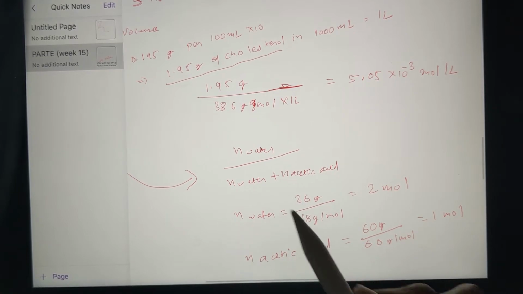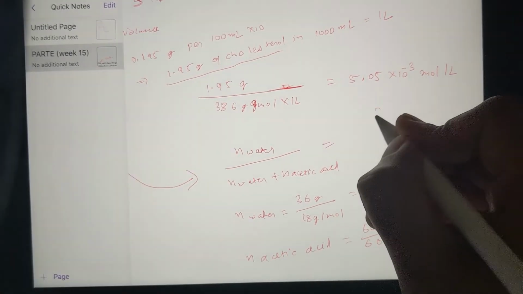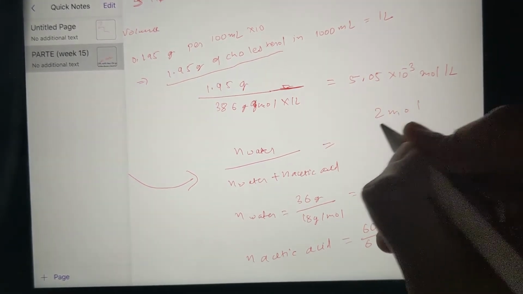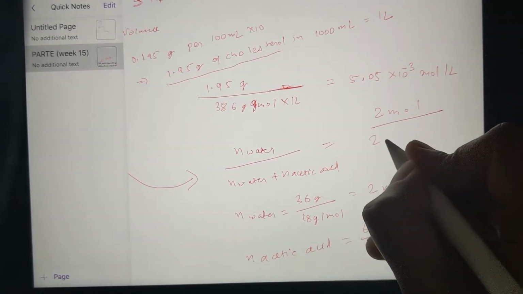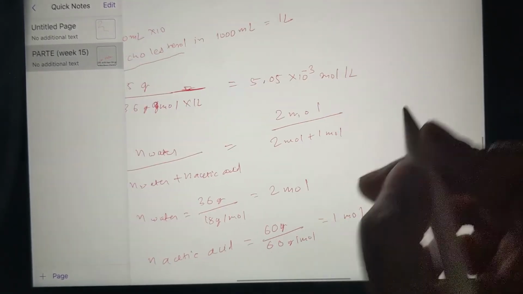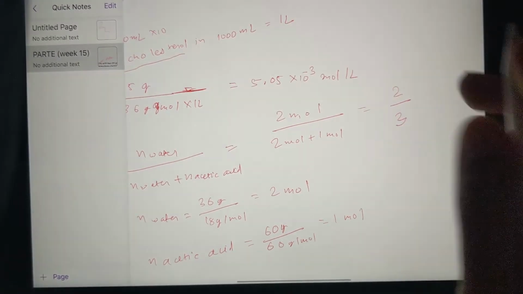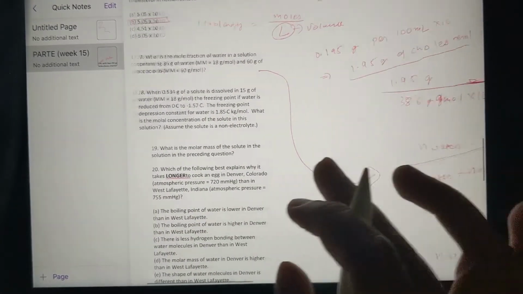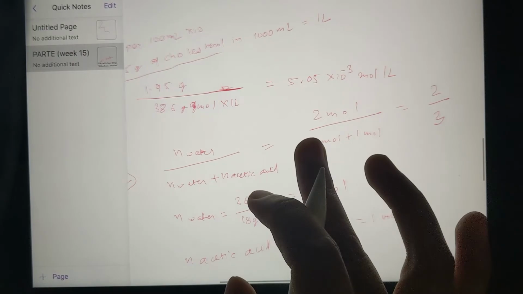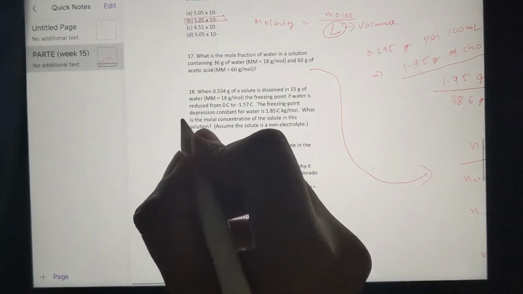Okay, so now you have these two values, you can calculate the mole fraction easily. So 2 mole divided by 2 mole plus 1 mole, which is going to be 2 divided by 3. So this will be your answer for this.